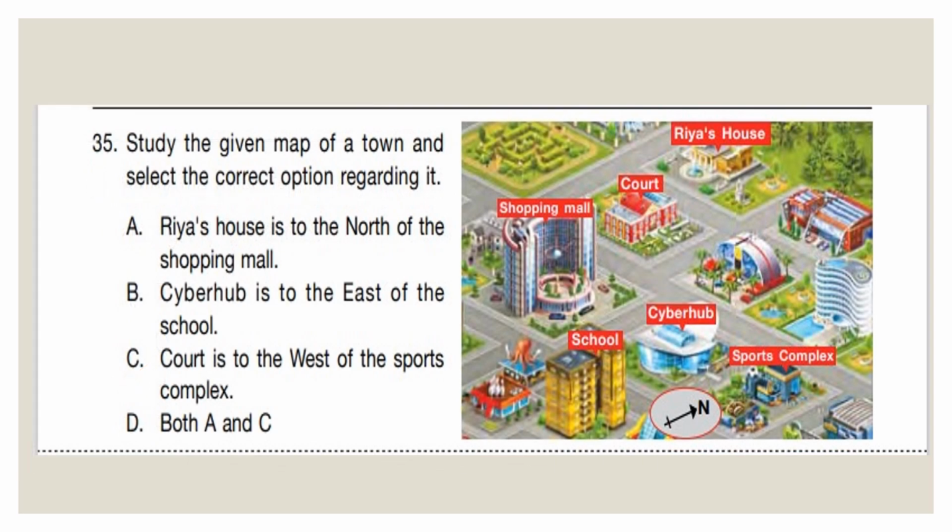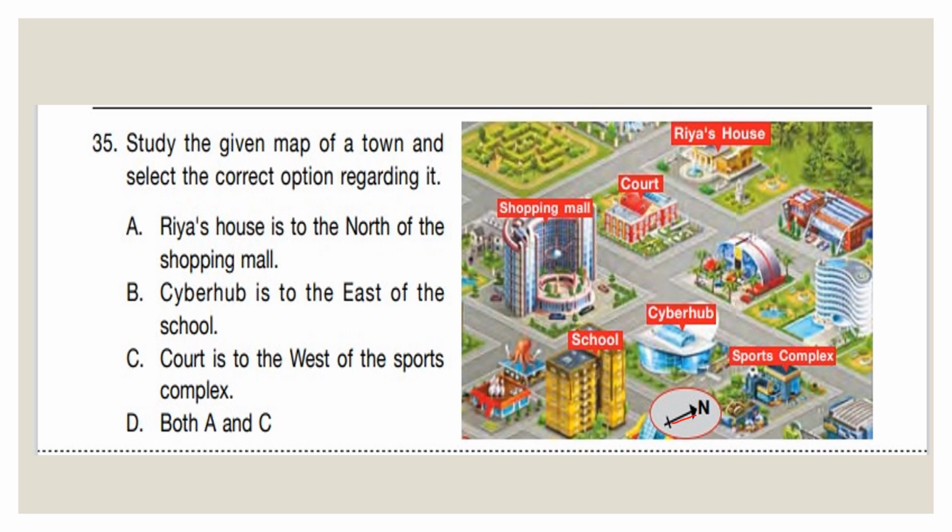Question number 35. Study the given map of a town and select the correct option regarding it. Option A. Ria's house is to the north of the shopping mall. Option B. Cyber Hub is to the east of the school. Option C. Court is to the west of the sport complex. Option D. Both A and C. This compass rose is given.